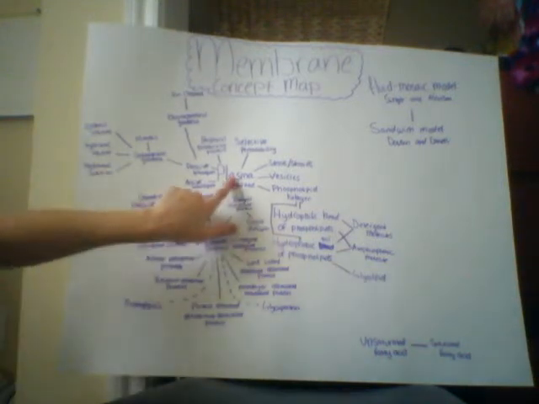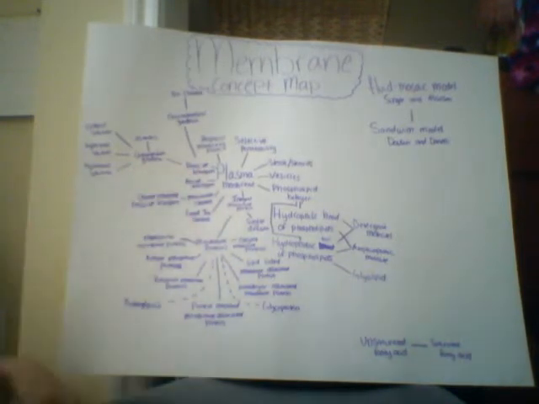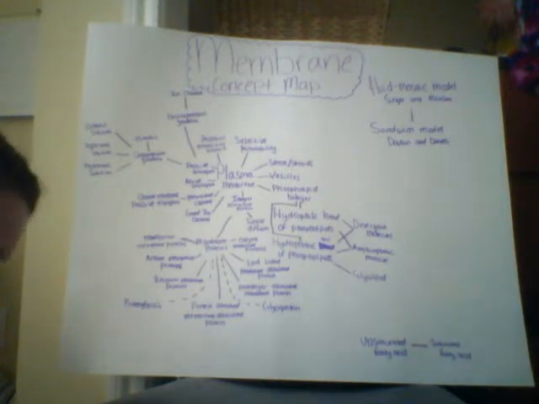And back up to the plasma membrane, we have active transport and passive transport. Active transport is the movement of ions or molecules across a cell membrane into a region of higher concentration, and passive transport is the movement of a small molecule or ion across membrane due to a difference in concentration or electrical charge.